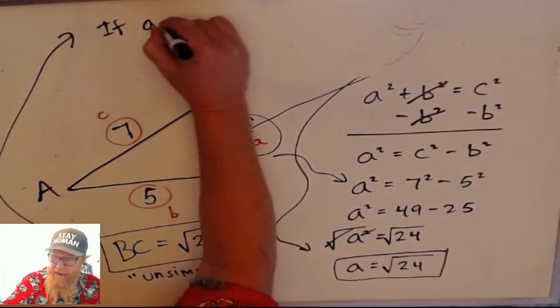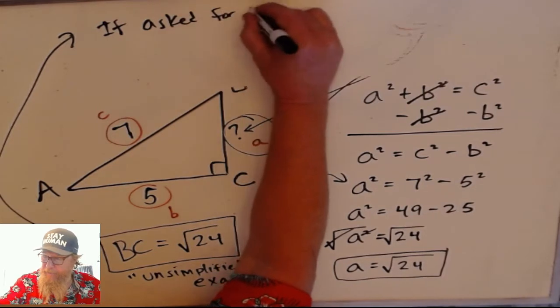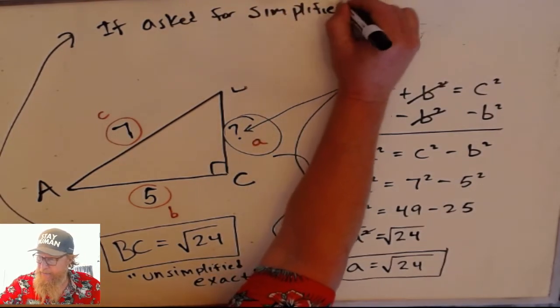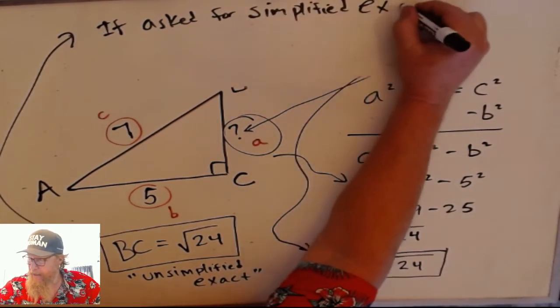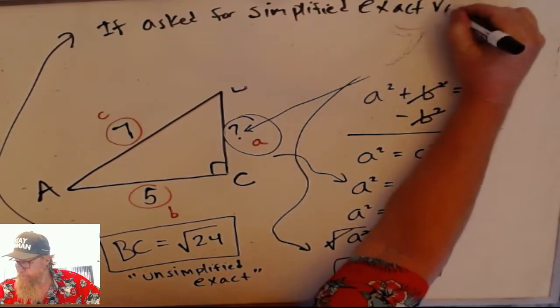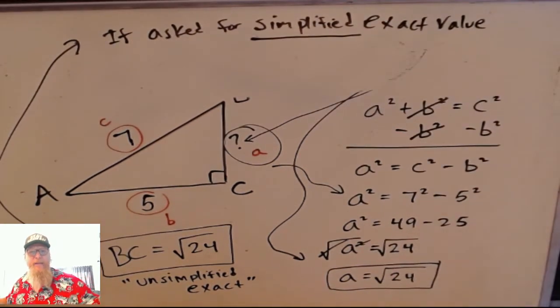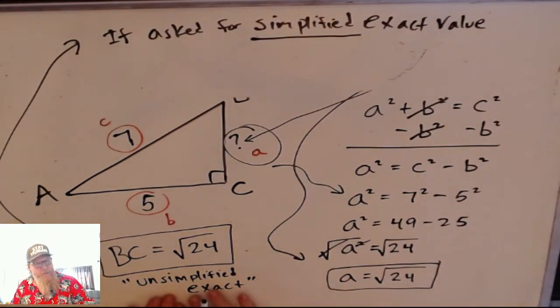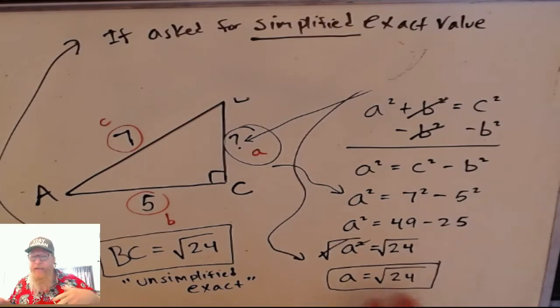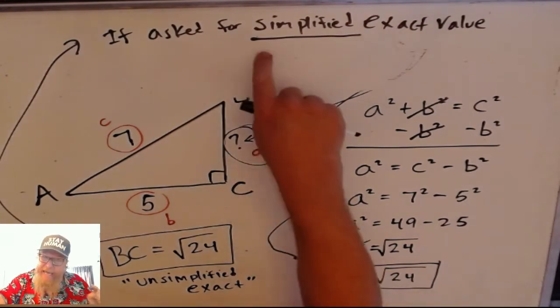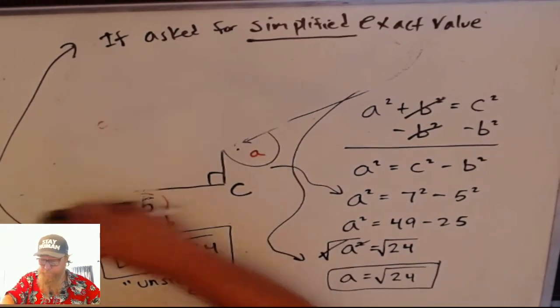If you are asked for a simplified exact value, the key word there is just simplified. If you don't see it, you'll assume unsimplified is okay. In math, if I don't say simplified, that means you can leave it unsimplified. But if I say simplified, you have to simplify it.